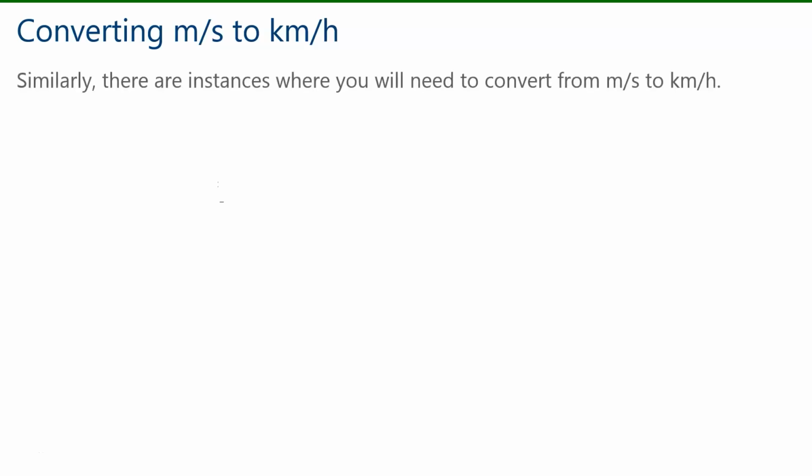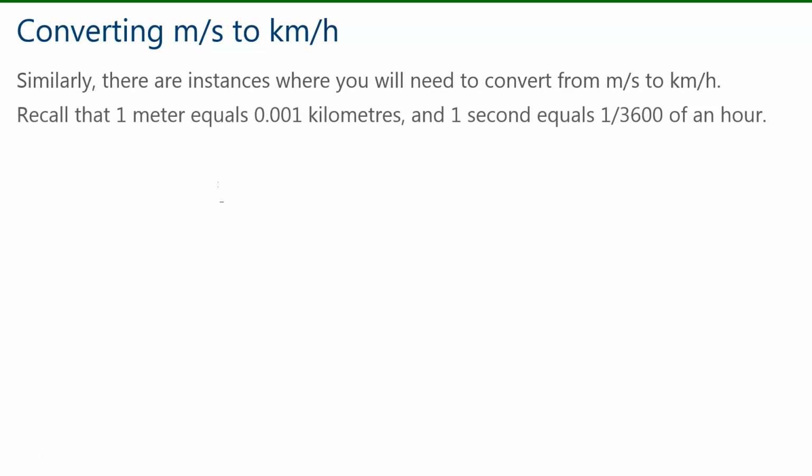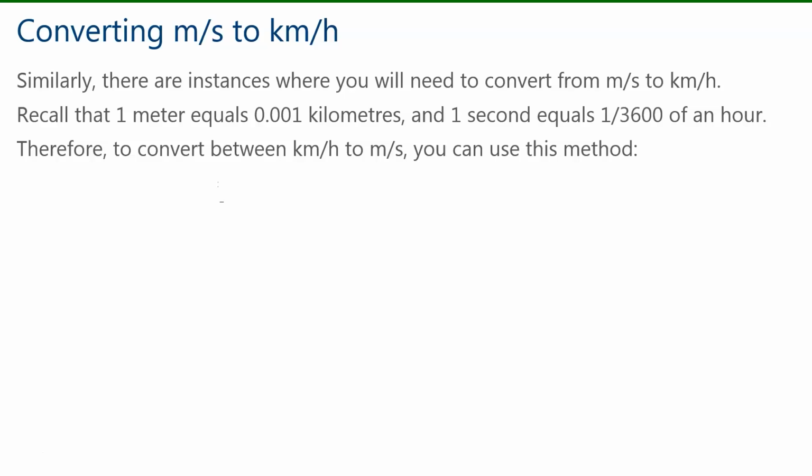Next, we'll look at converting meters per second to kilometers per hour. Similarly, there are instances where you will need to convert from meters per second to kilometers per hour. Recall that 1 meter equals 0.001 kilometers, and 1 second equals 1/3600th of an hour. Therefore, to convert, you can use this method.